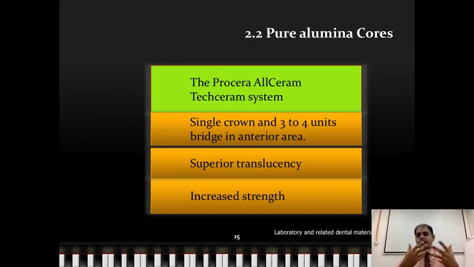Since it has greater translucency and good strength, it is suggested for single crowns or 3 to maximum 4-unit bridges in the anterior area. But even though it has greater strength, it is not like zirconia.